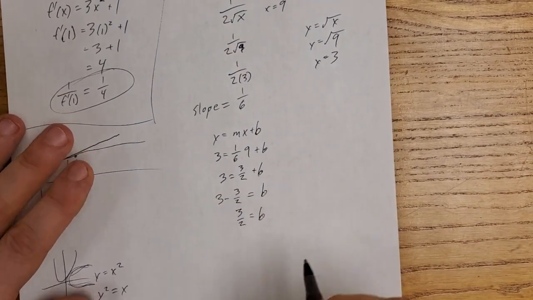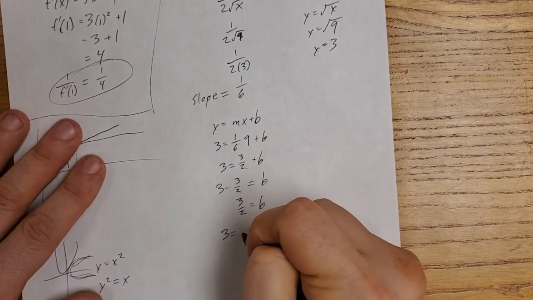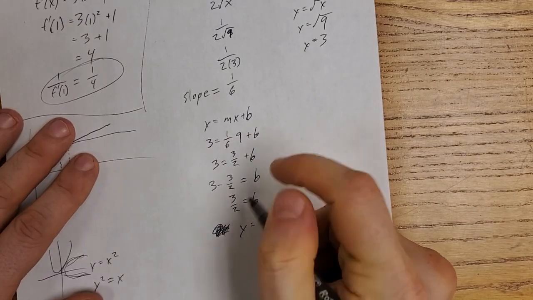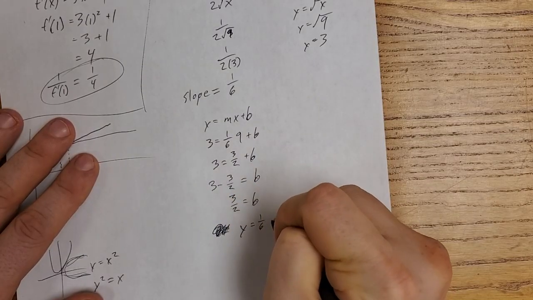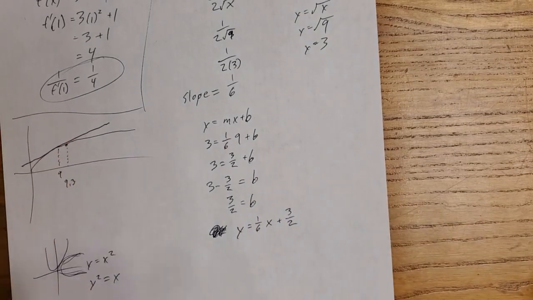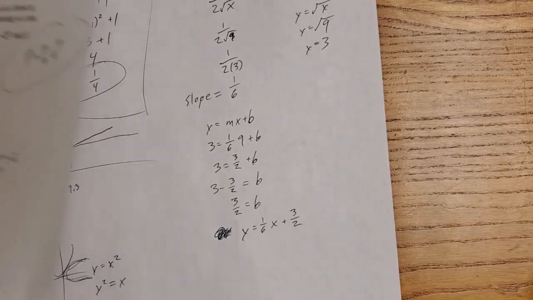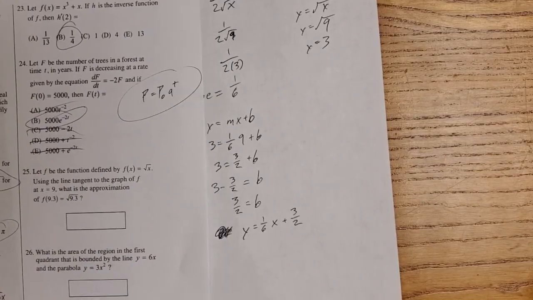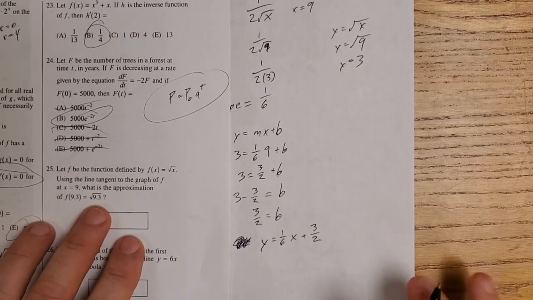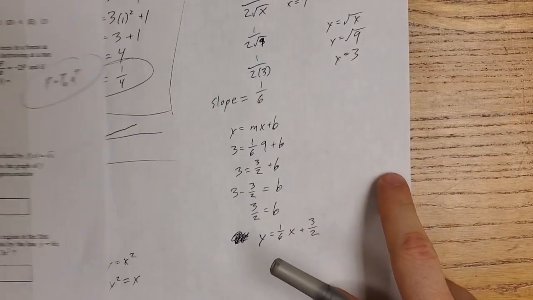So now we know the full formula for that tangent line: y equals 1/6 x plus 3/2. And we're supposed to be finding what that y is going to be for the x of 9.3.